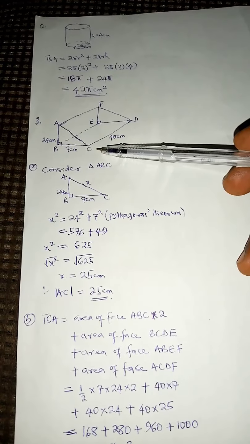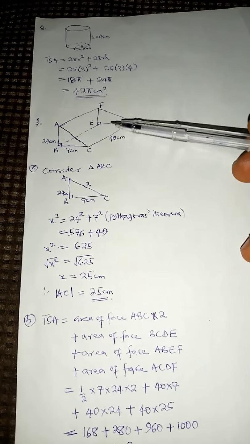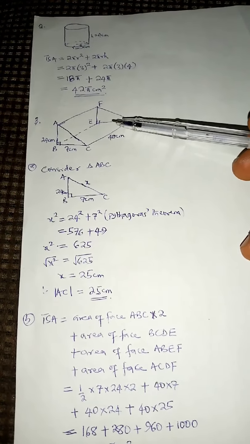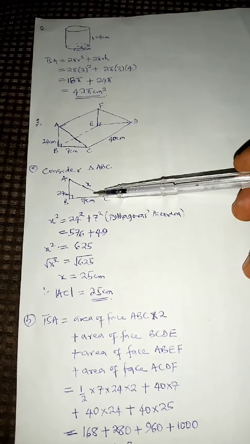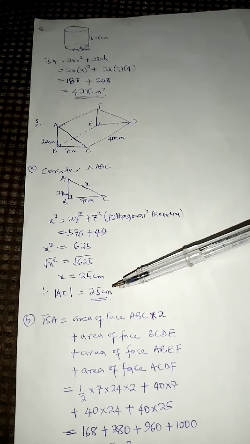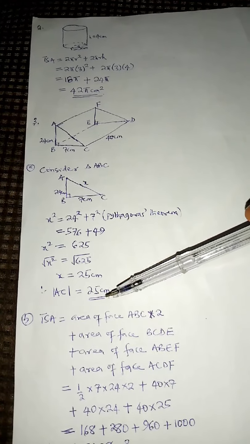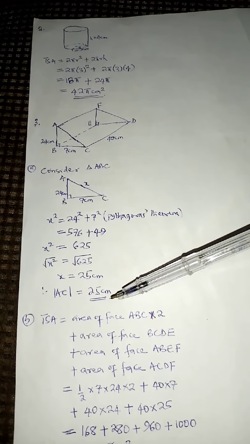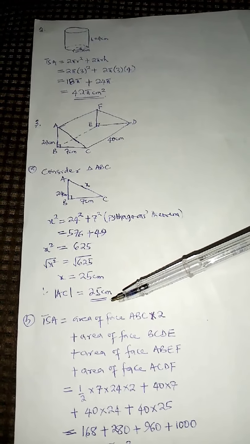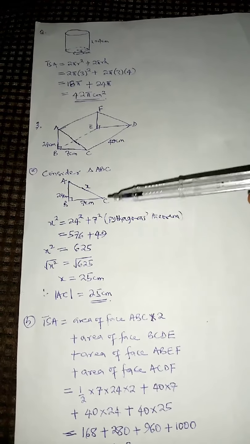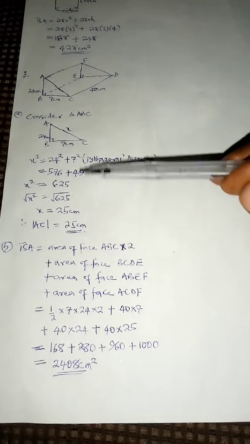So you say area of face ABC times 2 to take care of face FED, plus area of face BCDE plus area of face ABEF plus area of face ACDF. Area of a triangle is half base times height.